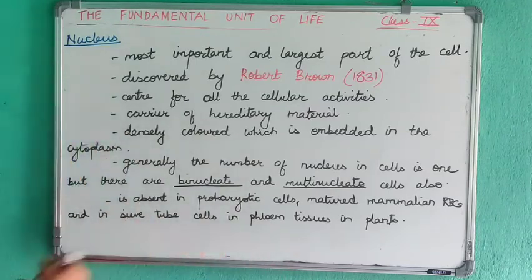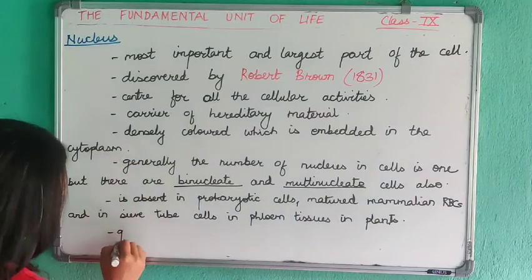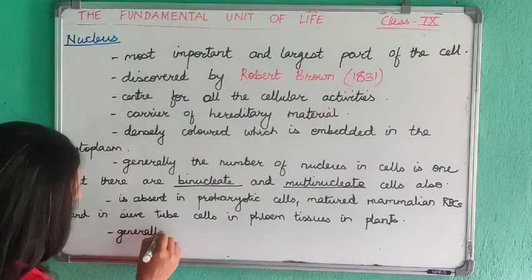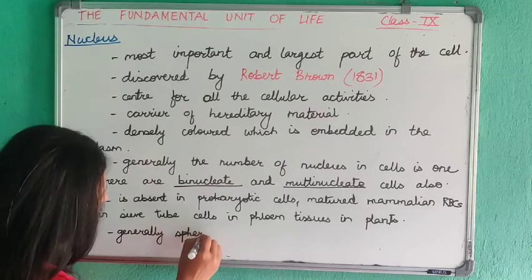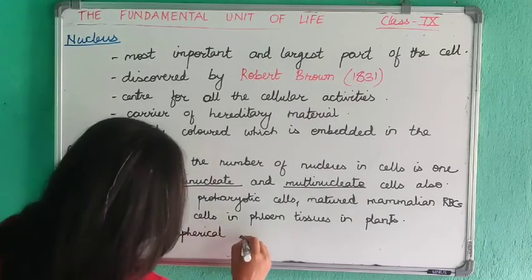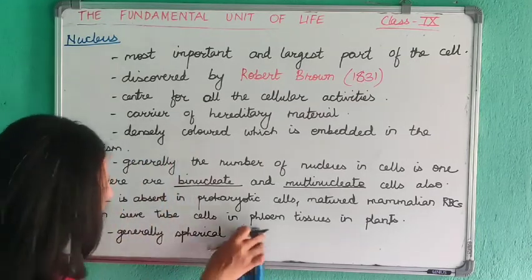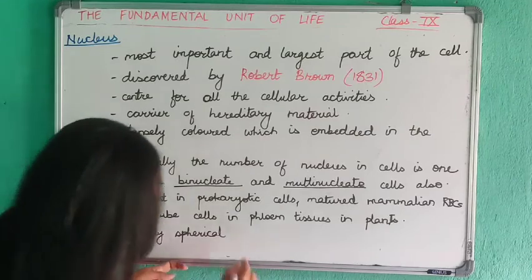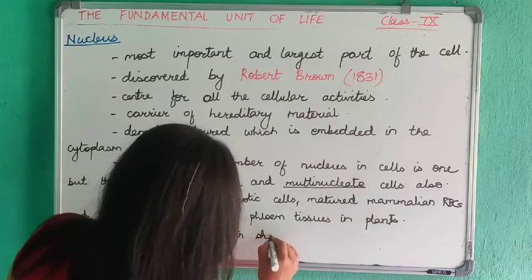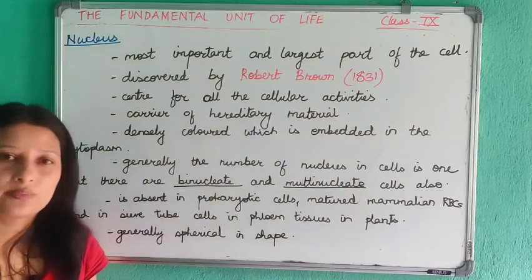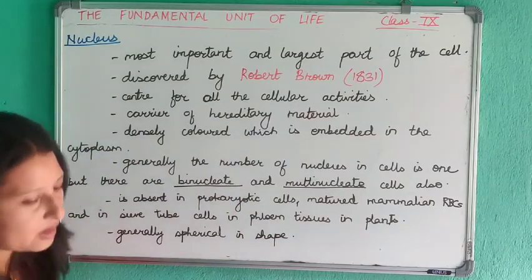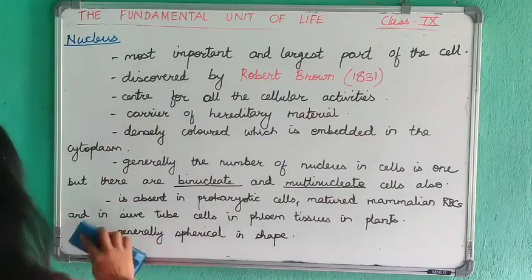So it is generally spherical in shape. Generally spherical भनेको it is like a football, गोलो खालको shape को हुन्छ. Now let us talk about the parts of a nucleus.